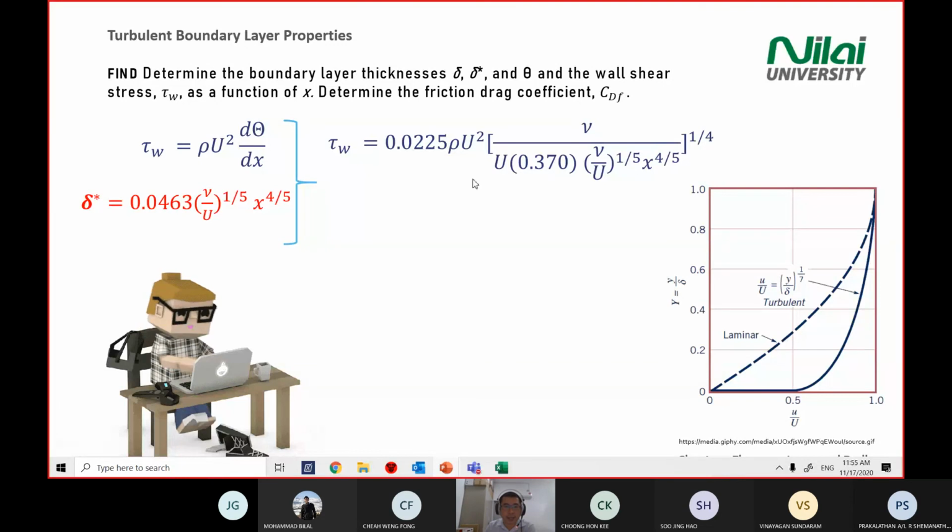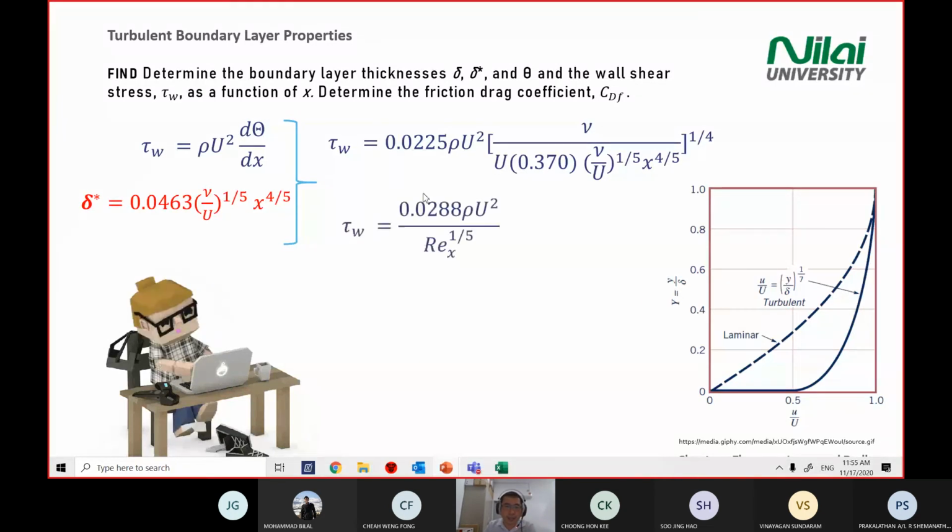You get this one, very lengthy, but later you can copy from my slides. The rest is just mathematics. So you write in the Reynolds number if the question asks you to write in the Reynolds number. If not, this is already sufficient to answer the question.